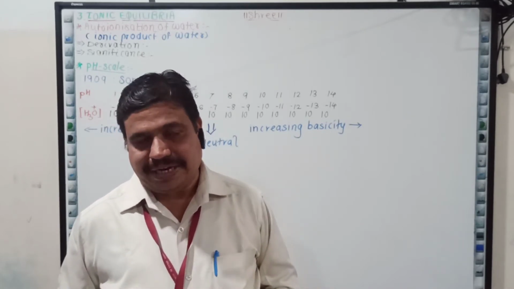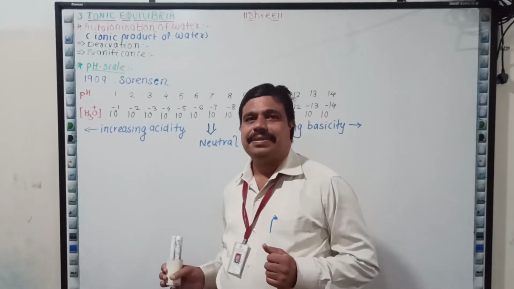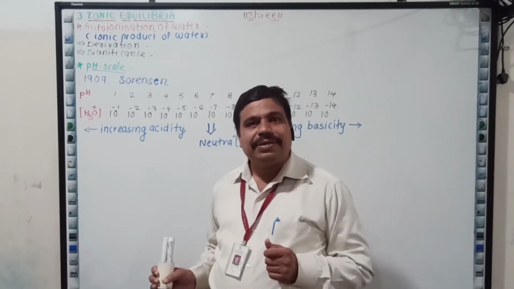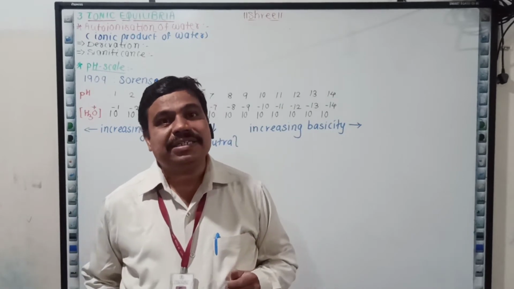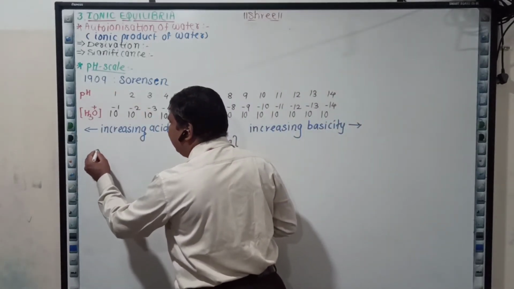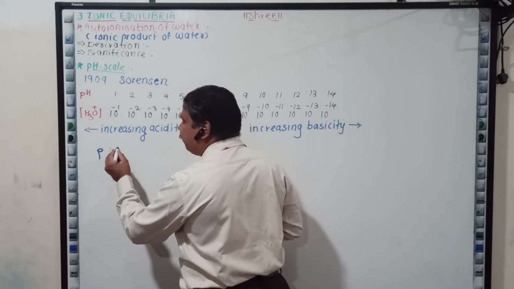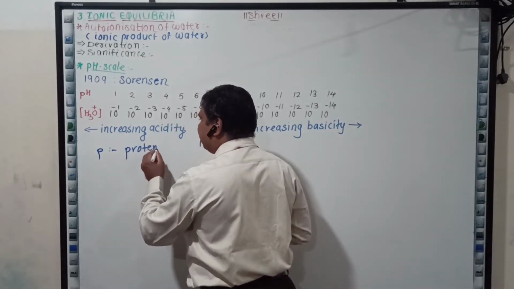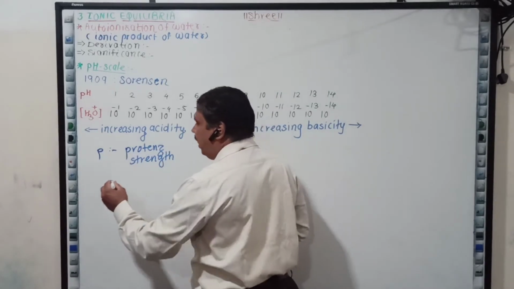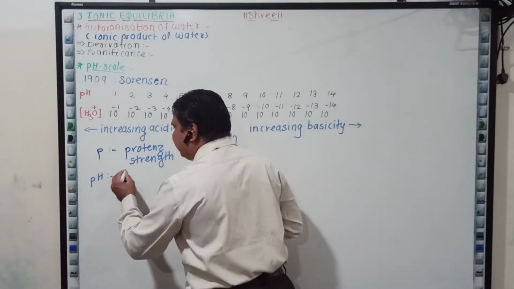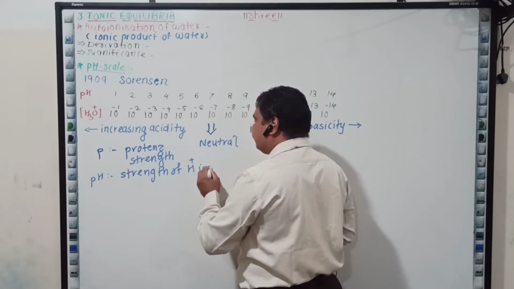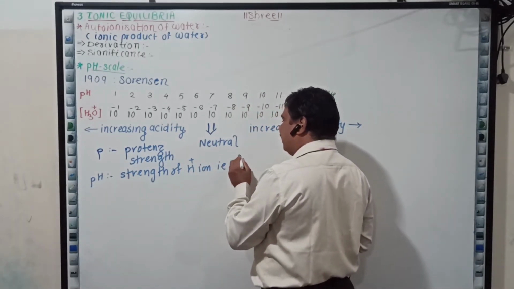That means concentration of H3O plus present in water is ranged from 1 into 10 raised to minus 1 to 1 into 10 raised to minus 14. ओके. आता विद्यार्थी मित्रांनो, in pH scale, P stand for, it is a Greek word, P stand for potenz, and potenz means strength, and pH means strength of H plus ion, that is H3O plus ion.